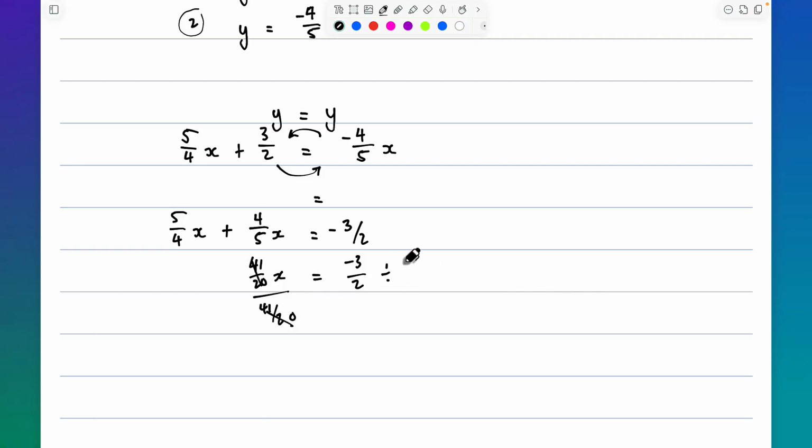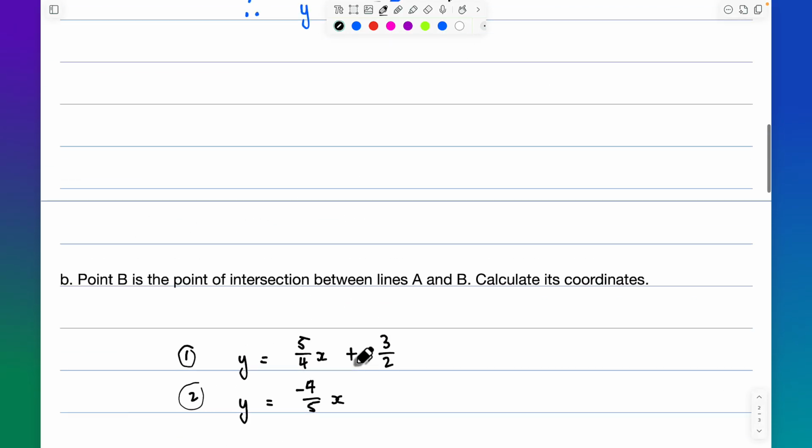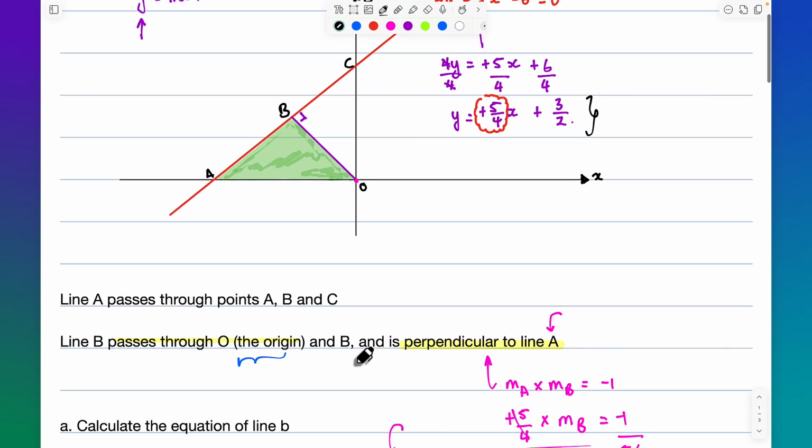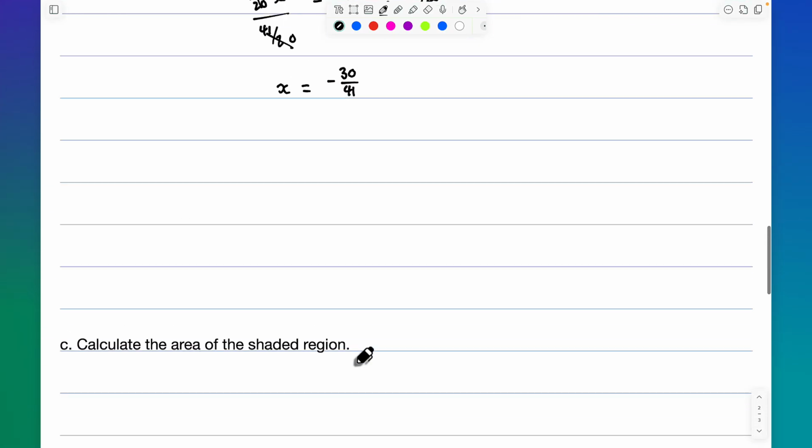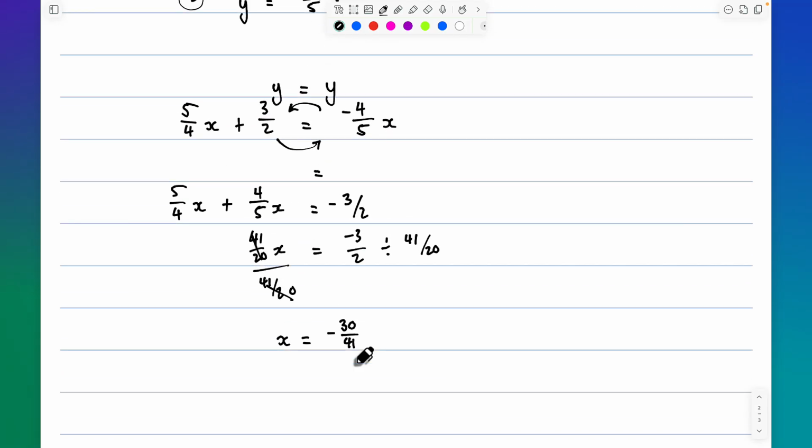If you punch that into your calculator, x is equal to -30/41. I'm going to keep it as a fraction. However, if you turn it to decimal, it's -0.731. Essentially that's our x coordinate.